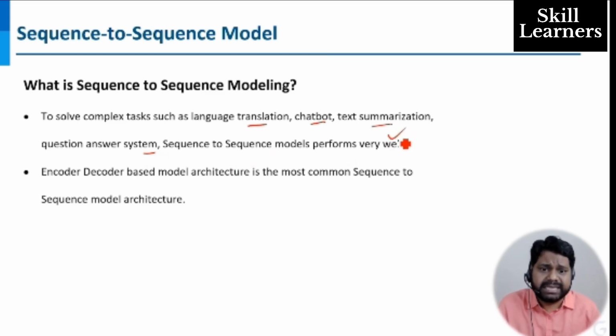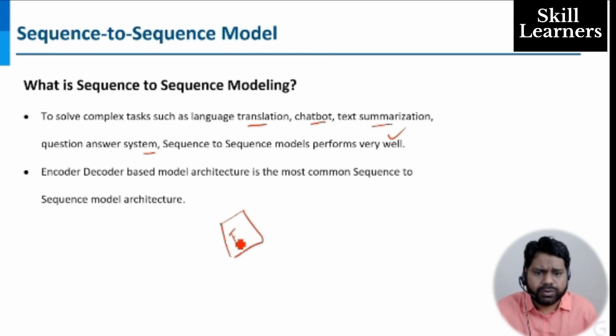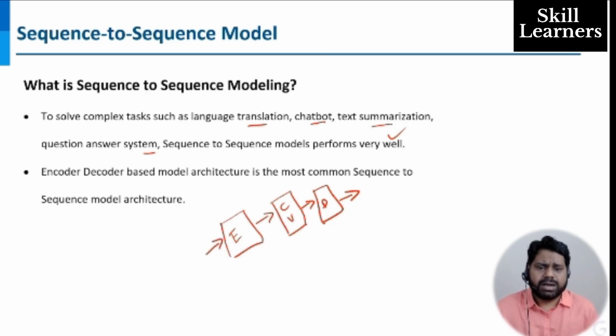The encoder decoder architecture is one of the most common sequence to sequence model architectures available in the market. There is one encoder, which encodes the input and gives a context vector, and this goes to the decoder, and then the decoder gives you the output. So this is the basic structure of how encoder and decoder work.